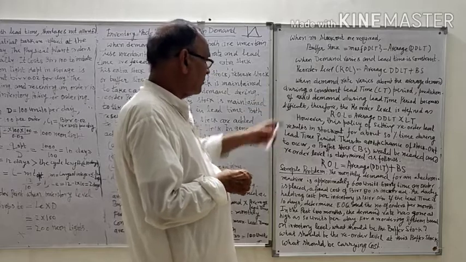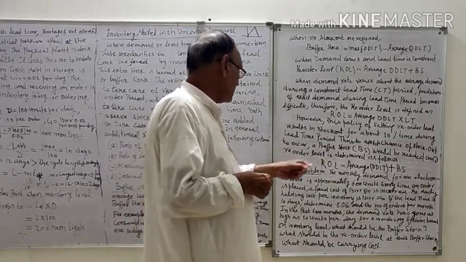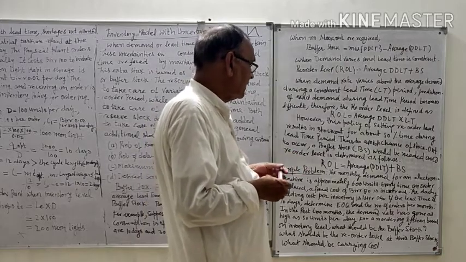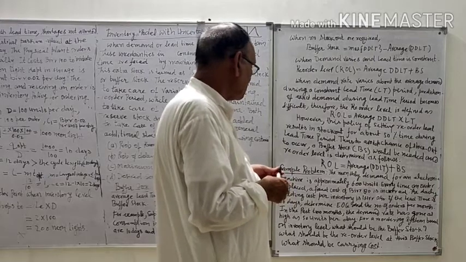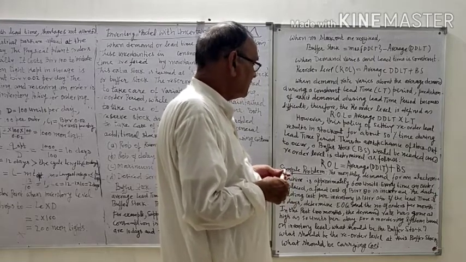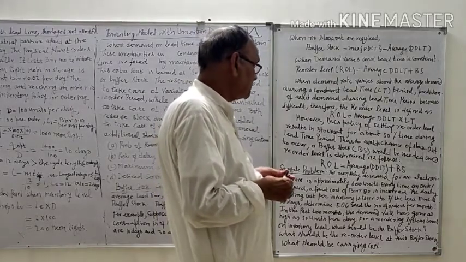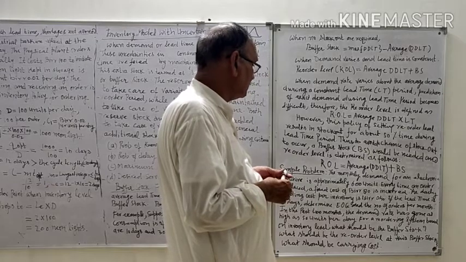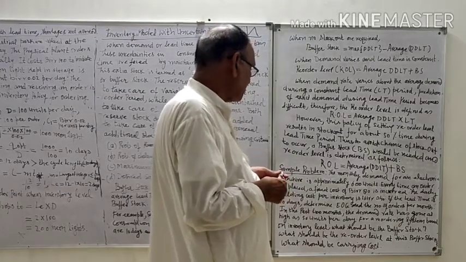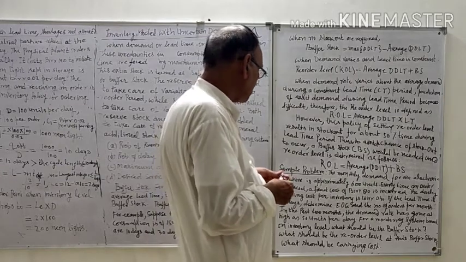Now the sample problem. The monthly demand for an electronic machine is approximately 600 units. Every time an order is placed, a fixed cost of 80 is incurred. The daily holding cost per inventory unit is 0.40, or 40 cents. If the lead time is 10 days, determine EOQ and the number of orders per month.